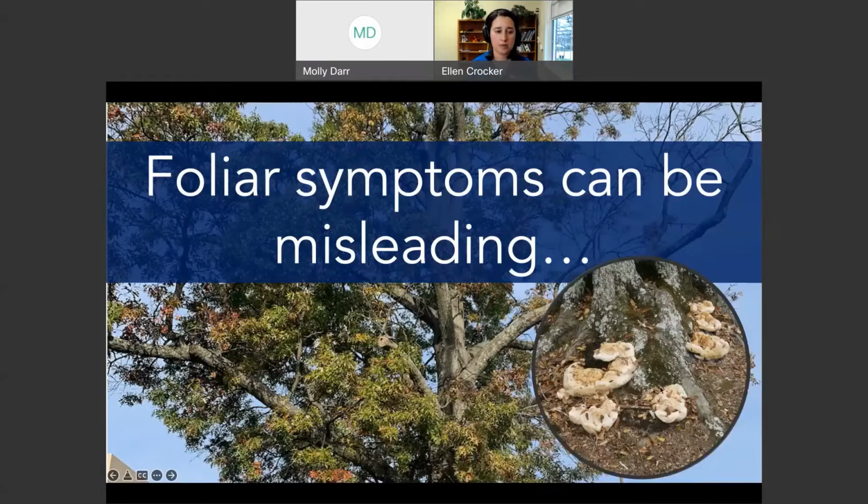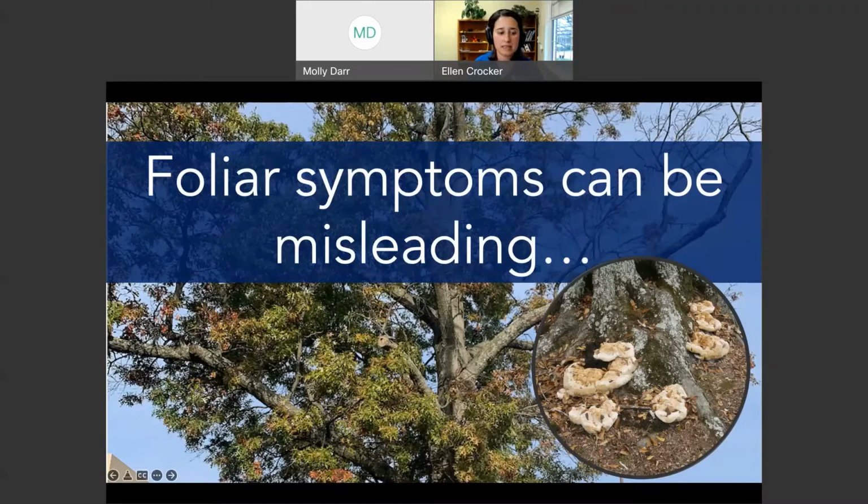So every now and then I will see this amazing proliferation of fruiting bodies of mushrooms from its roots and the base of the tree. Most of the time I'm not going to see that, but I am going to see that gradual decline in its leaves and its shoots over time.